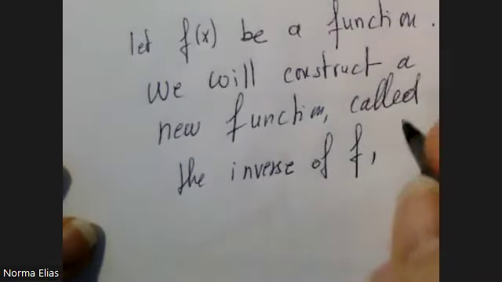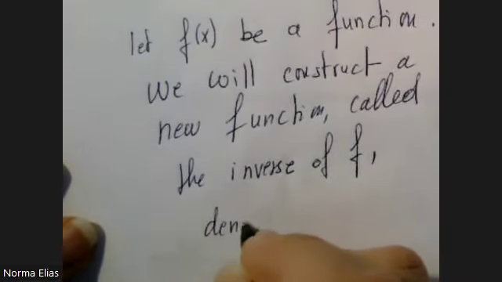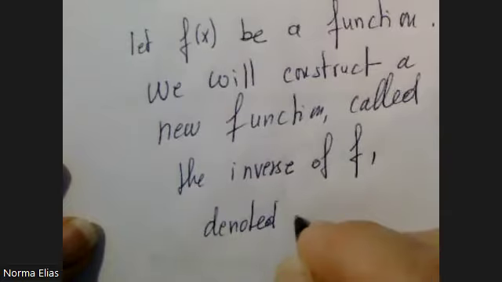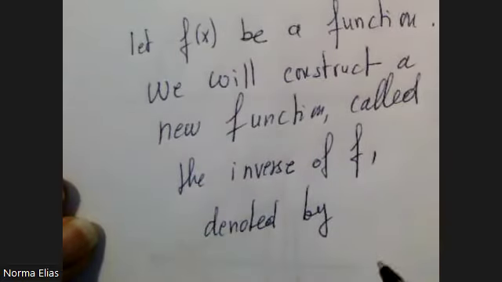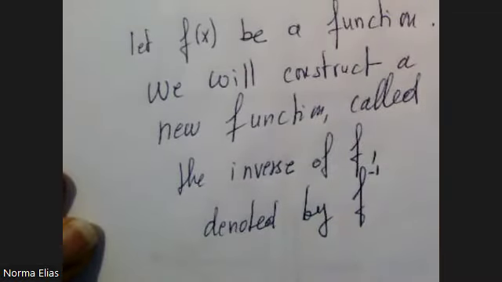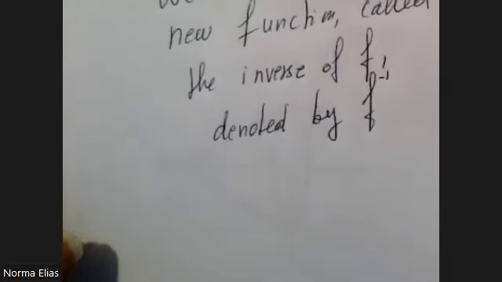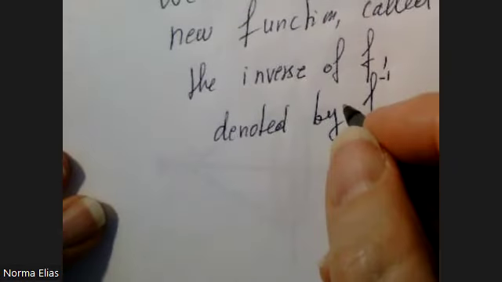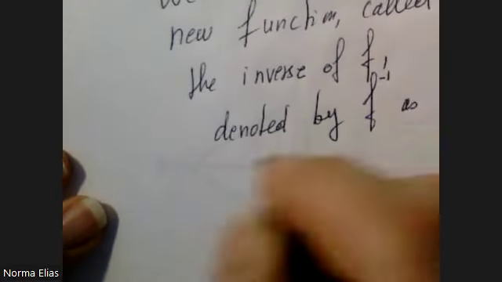And it's denoted by, that's a totally new function, denoted by f inverse with a -1. Very bad notation. I will talk about bad notation tomorrow in class as follows.